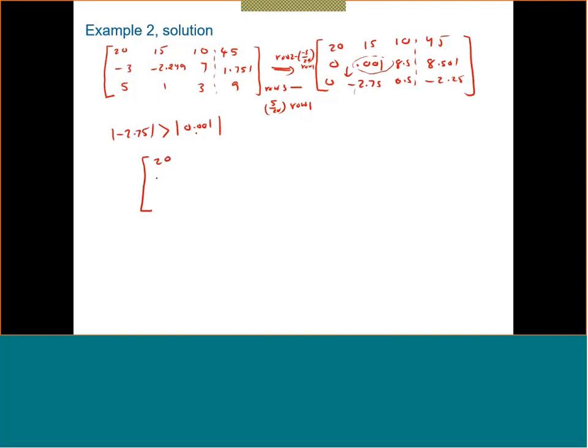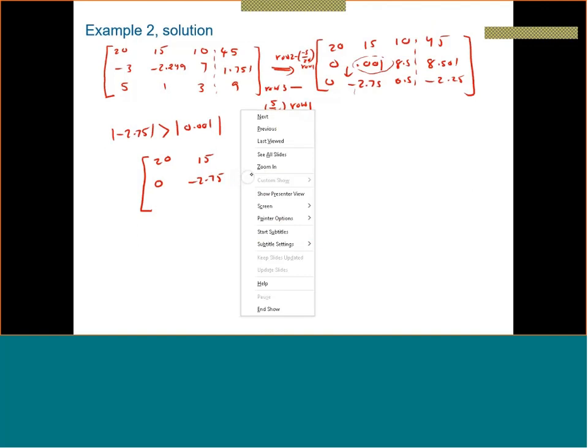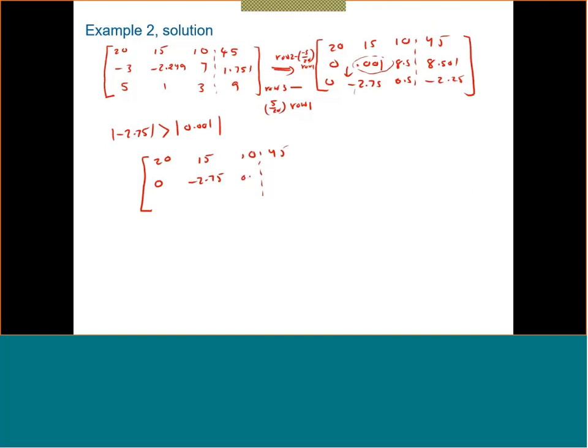So I will swap this: this becomes 0, minus 2.75, and this becomes 0.5.